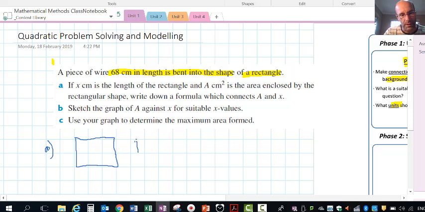Perimeter equals two lengths plus two widths, so it's the distance around the outside. And in this case 68 centimeters must be equal to that. So we're working in centimeters. Now I'm assuming that I'm using all of it, and it's not open. Okay, so we have to make some assumptions.